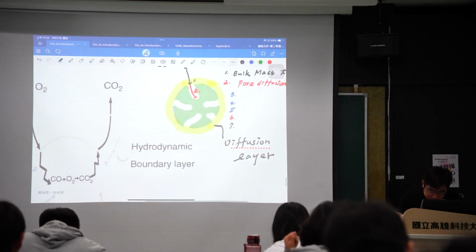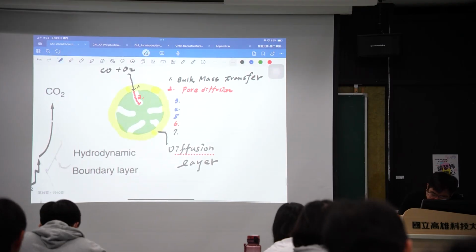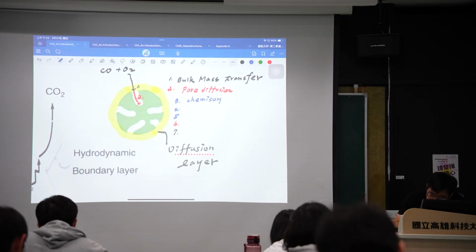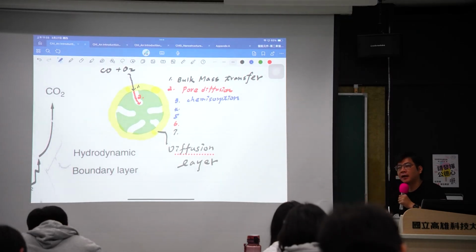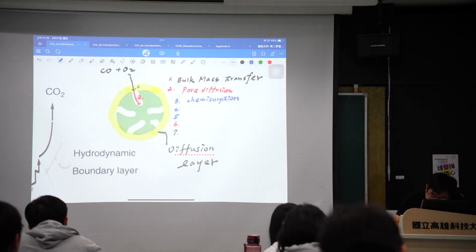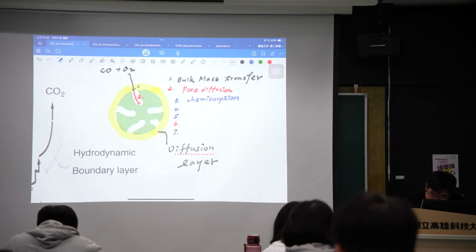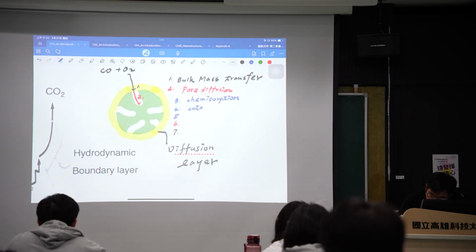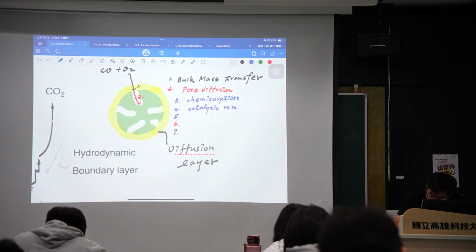The third step is chemical: adsorption on the surface, then reaction, and then desorption.